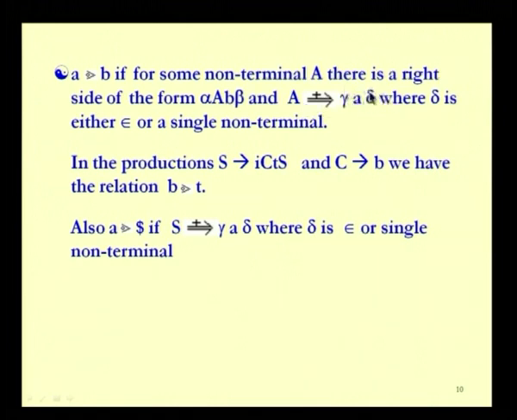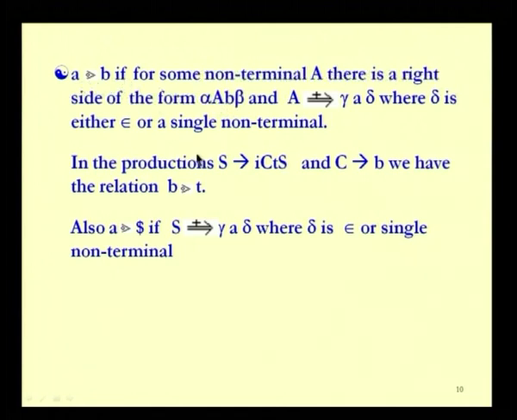So, gamma A delta gets reduced to A even before alpha A B beta gets reduced to the appropriate left hand side. So, that is what we said, A has more priority than this B here.